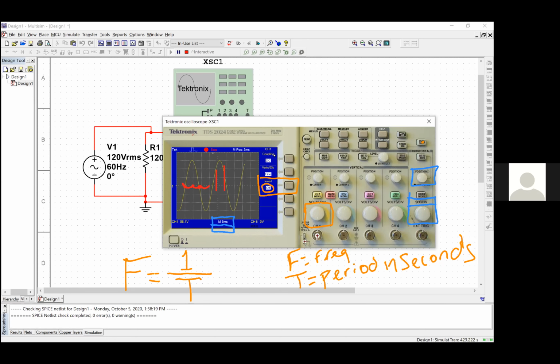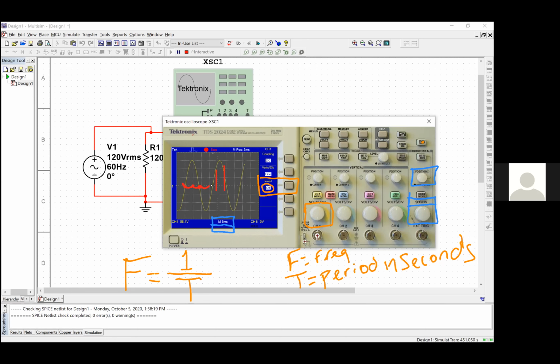And we can notice that this signal is falling on the second subdivision. So we have the first 3 divisions, which is 5, 10, 15, and then each subdivision is worth 1, so 16, pretty much 17. So we have 17 milliseconds.